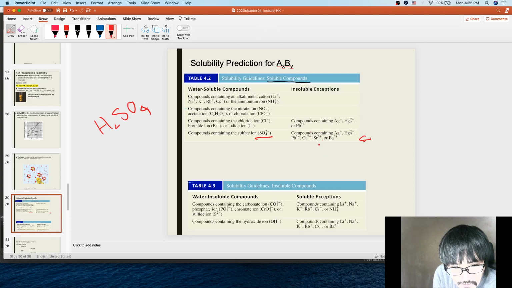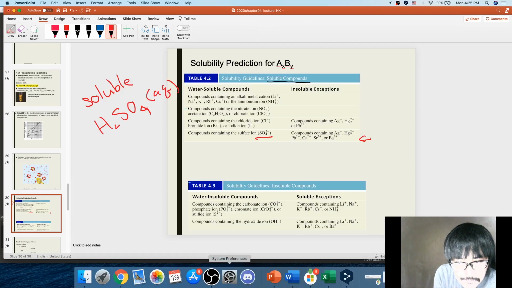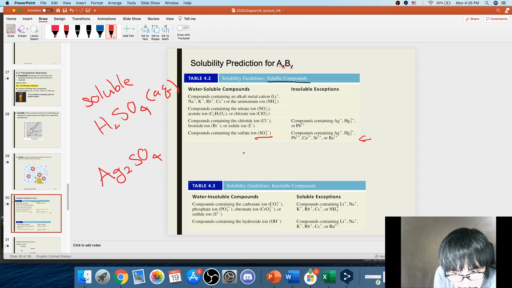H is not in here, so this has to be soluble. That means I'm going to put AQ on it here. If I have Ag2SO4, then that compound is water insoluble, because anything paired with SO4 2 minus is water soluble except these ones. Ag is actually in here, so Ag2SO4 is insoluble.